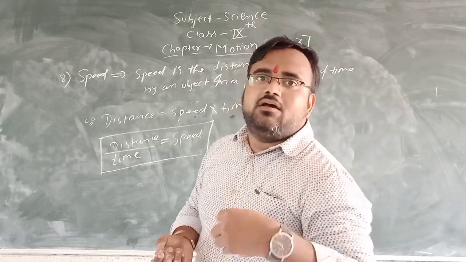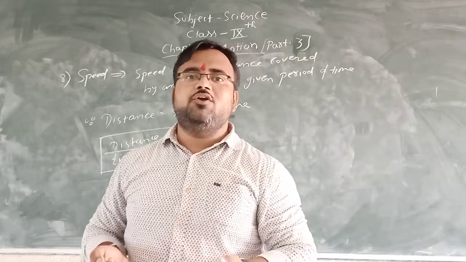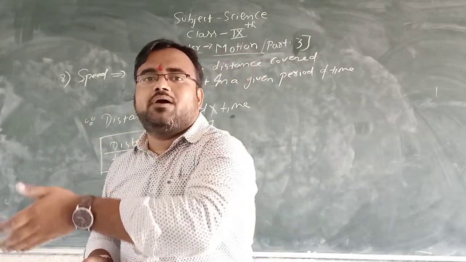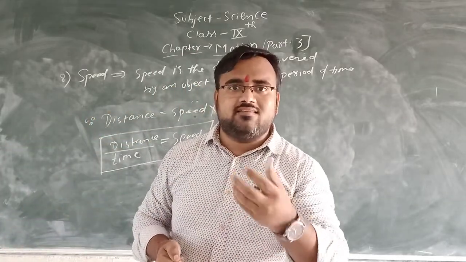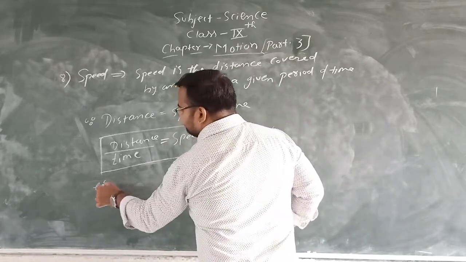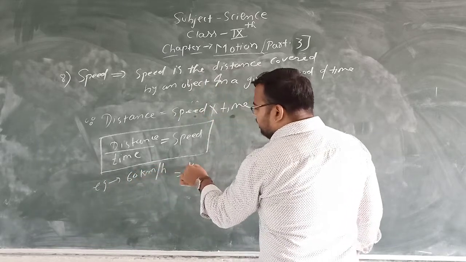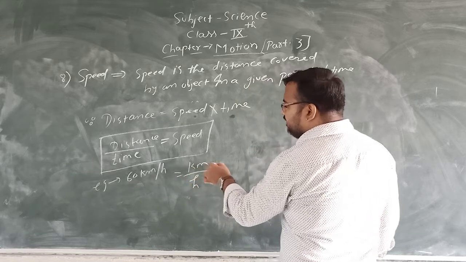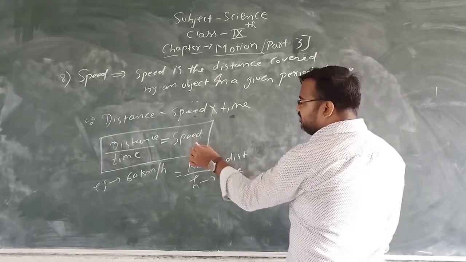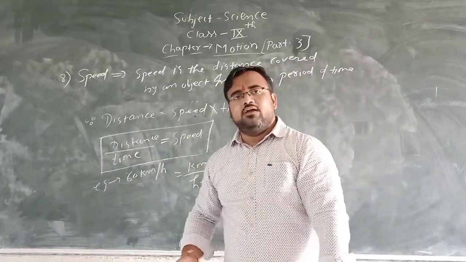For example, in day-to-day life we say that the speed of my car is 60 km per hour. Kilometer is the distance and hour is the time. So speed is equal to distance upon time.